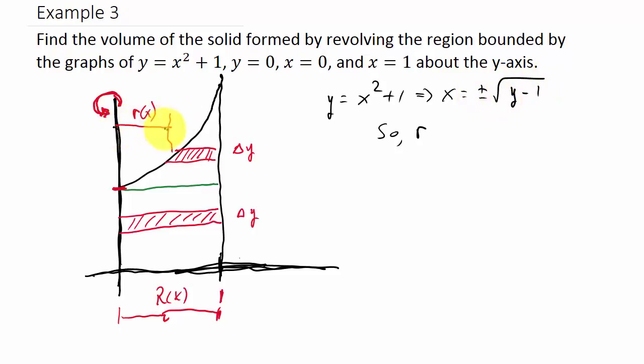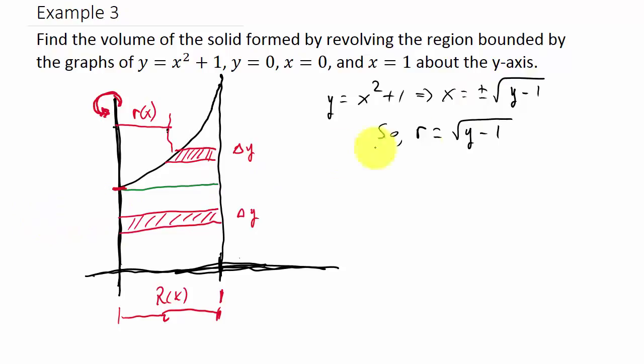So this distance from here to here would be positive square root of y minus 1. And we know it's positive because we're on this side of the y-axis. See, if we use the negative and say we put in, I don't know, 2 for y, then x would be negative 1.